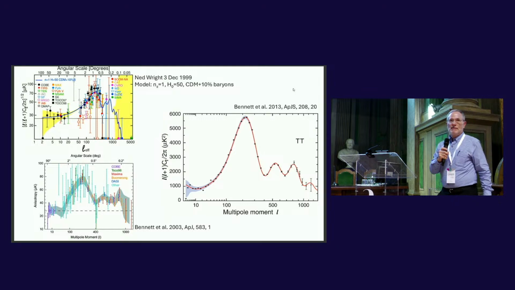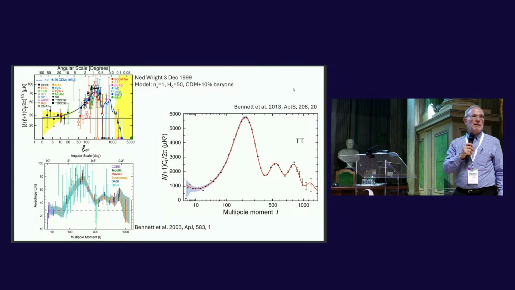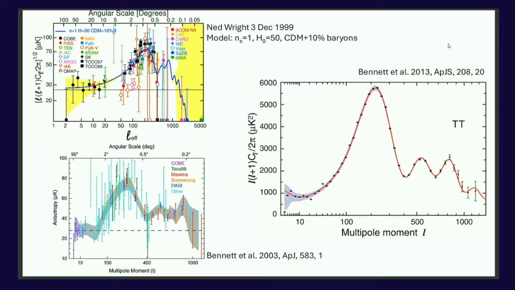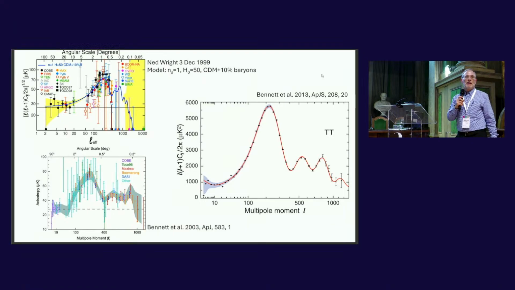So the top left, Chris Gorski already mentioned Ned Wright. Ned Wright made the plot on the upper left, which I managed to unbury. And this was a snapshot. He fortunately labeled it. It was made the 3rd of December 1999. And this was a snapshot of where the community was then. One thing I wanted to note about this was that there were a lot of CMB teams at that time that were competing with each other.